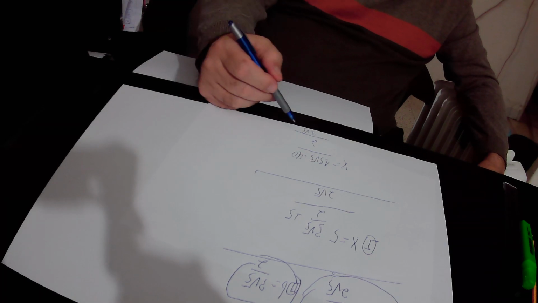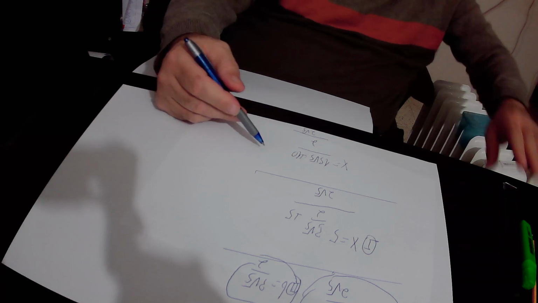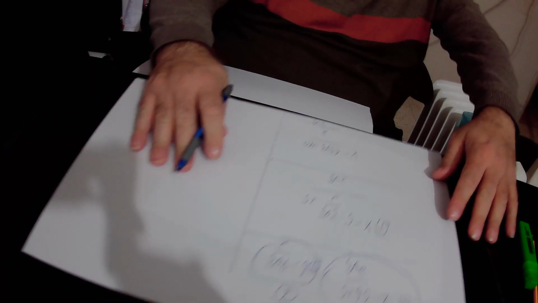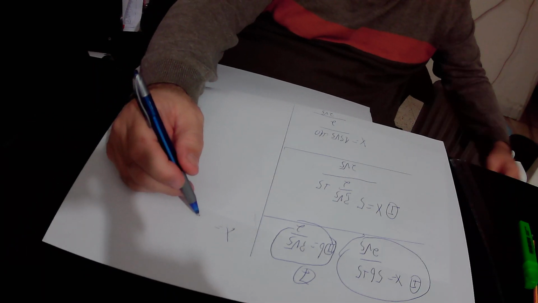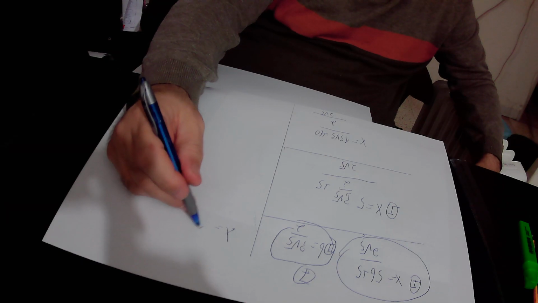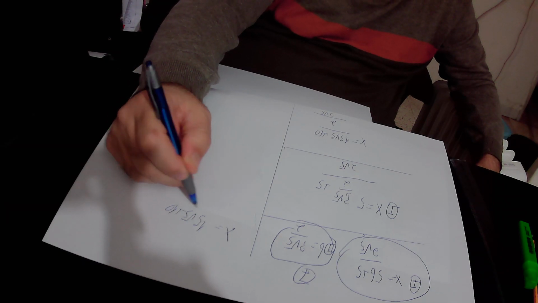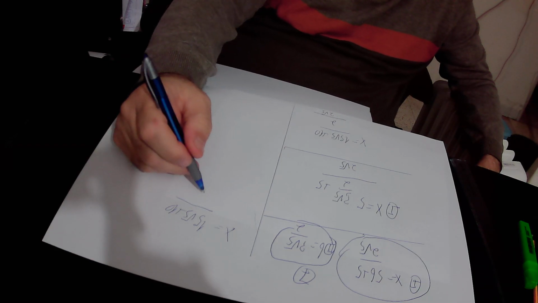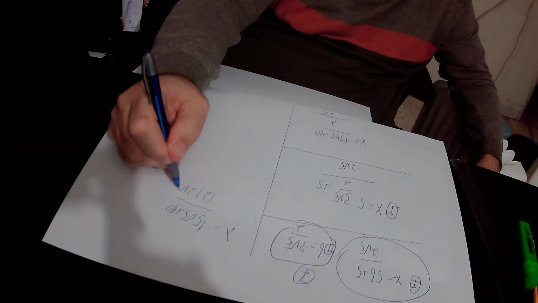So here we'll move 2 times square root of 5 to the numerator, and finally we get that x equals 15 times square root of 5 plus 10 over 2 times square root of 5.